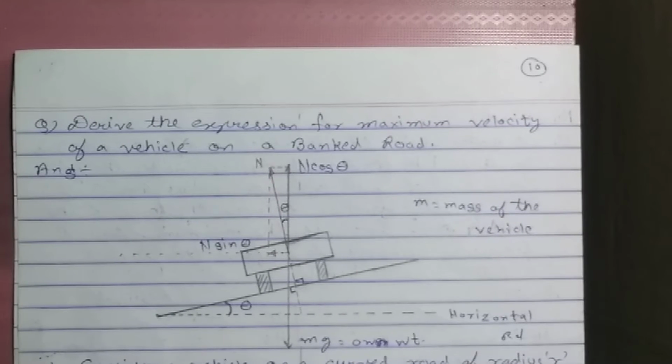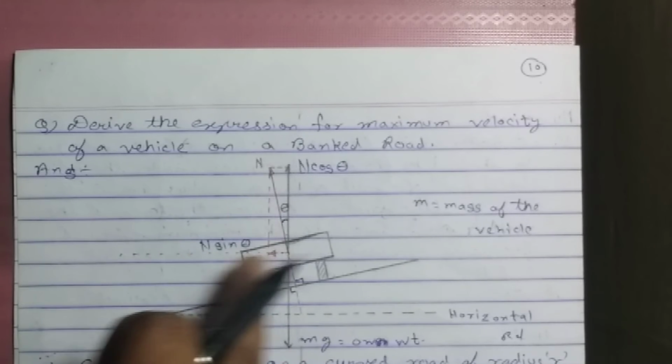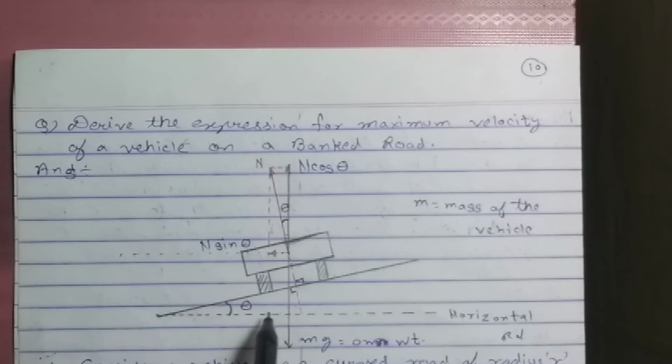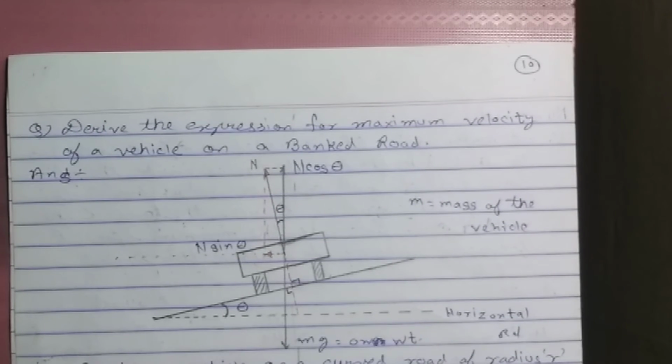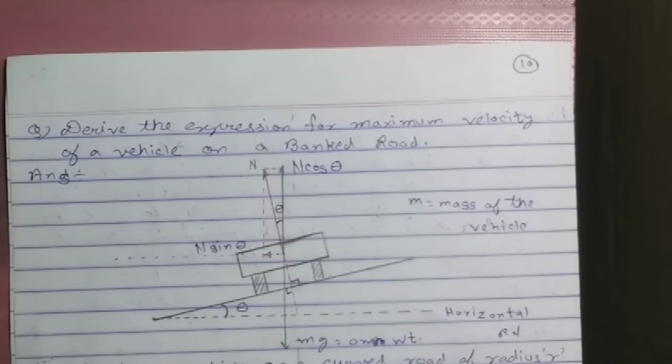The horizontal component N sin theta will help to move this vehicle along the banked road, which is a circular track. So N sin theta will provide the necessary centripetal force. Students, let us complete the derivation.